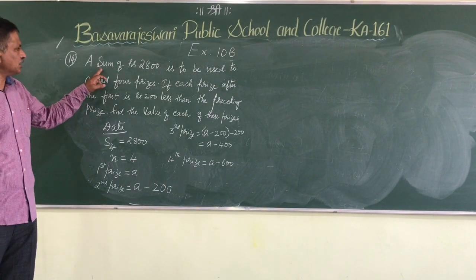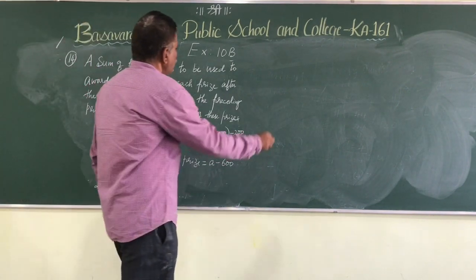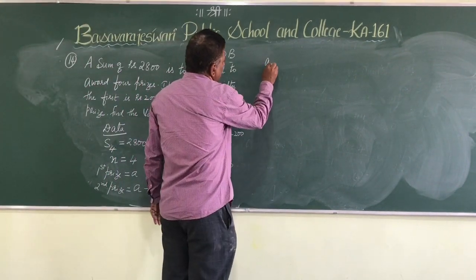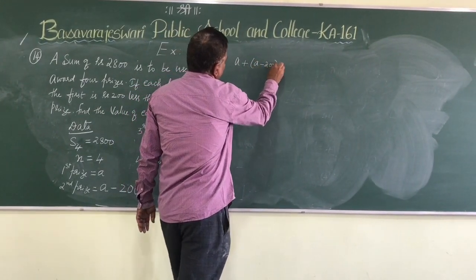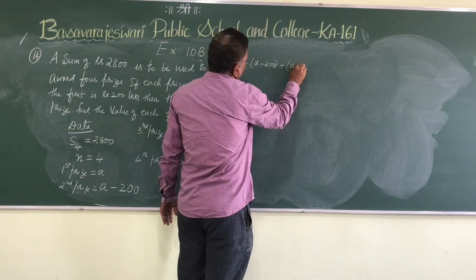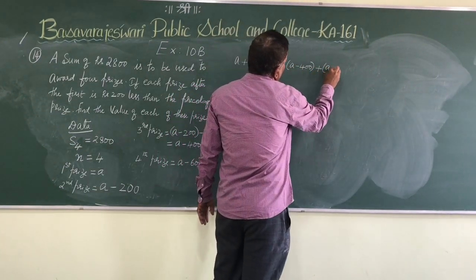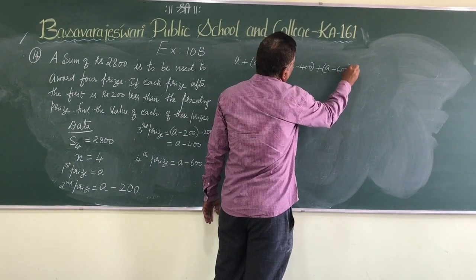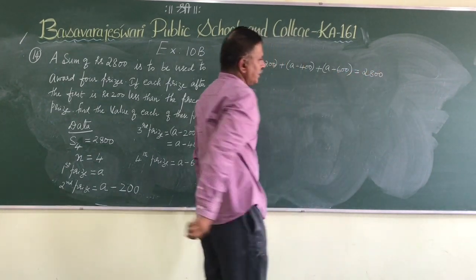Here, very clearly, as given, the sum of all the 4 prizes, that means the sum of the first prize plus second prize, third prize and fourth prize, is how much? Rupees 2800.